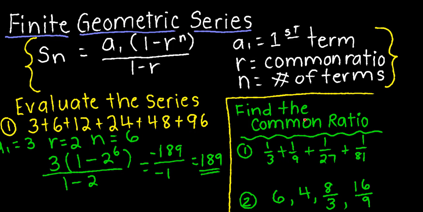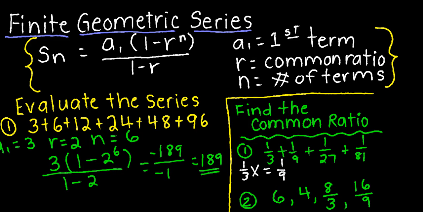Now let's walk through a couple problems finding the common ratio. Here you may want to use some algebra to find out how you go from this number to this one, if you don't see it right off the bat. I could say 1/3 times x, my mystery number, is going to equal 1/9. Then I could solve for x.